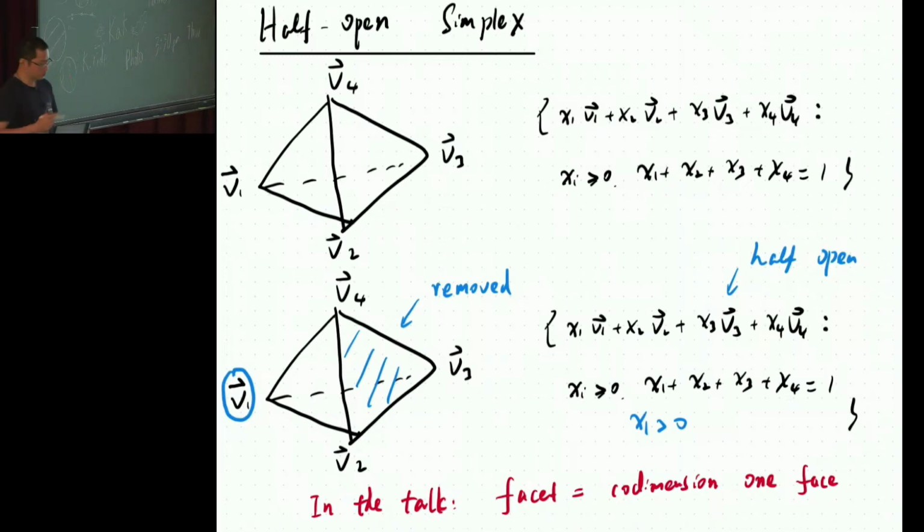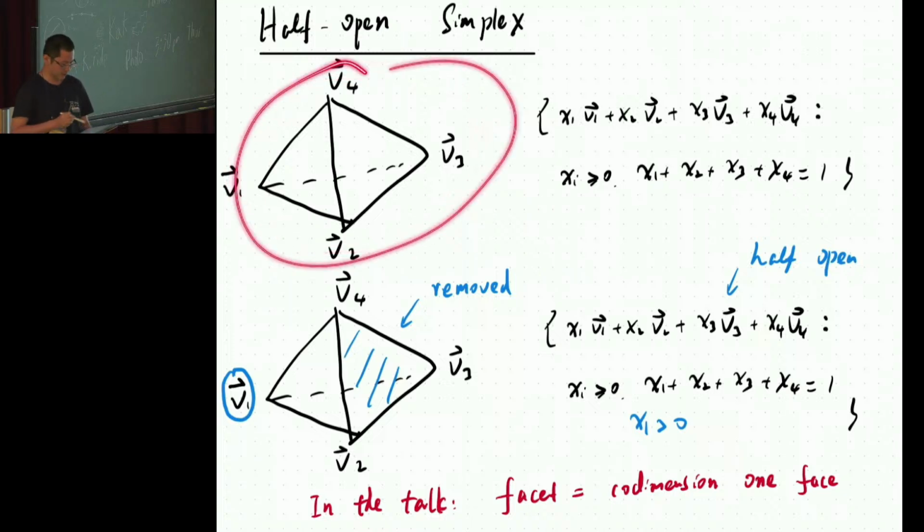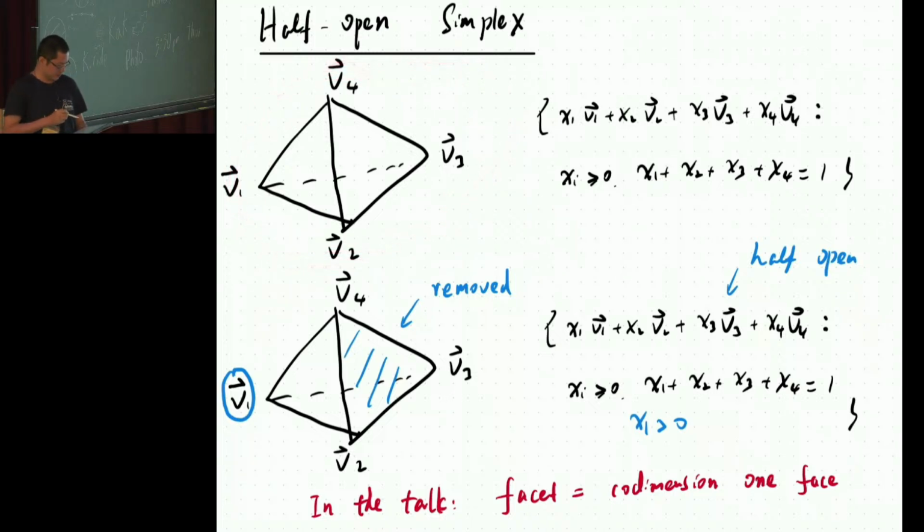To define H vectors, I need to introduce something I call a half-open simplex. So here is just a simplex, which is a convex hull of these vectors. Then I want to remove a facet. In this talk, facet will mean codimension one face.